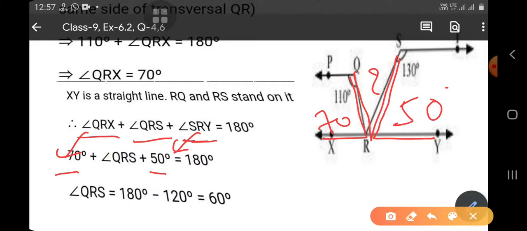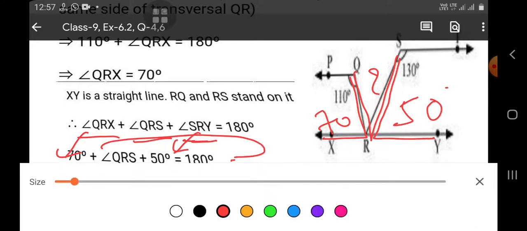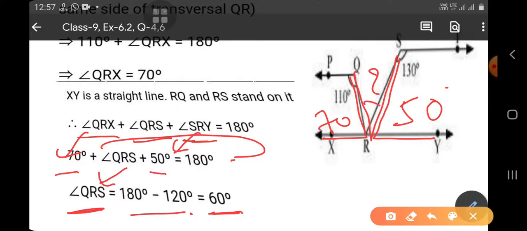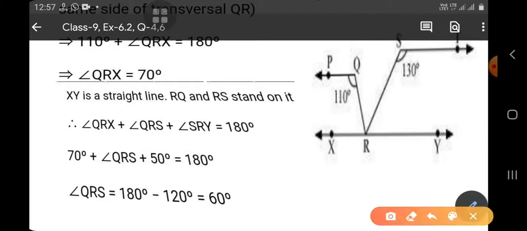Now transpose it from left to right, then you get QRS. The sum of this is 120 degree, and it will be minus when it is transposed. So the value of angle QRS is equal to 60 degree. So the value of this angle is 60 degree, which is the required answer. Thank you.